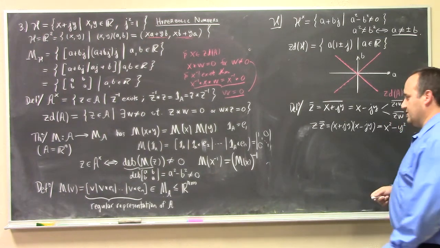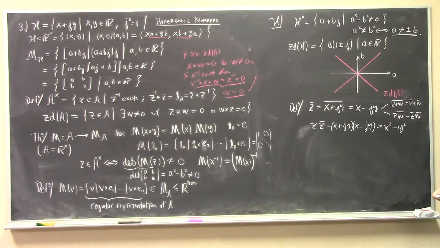X squared minus y squared. So that better not be 0 if we're going to find the inverse, like we just learned, right?